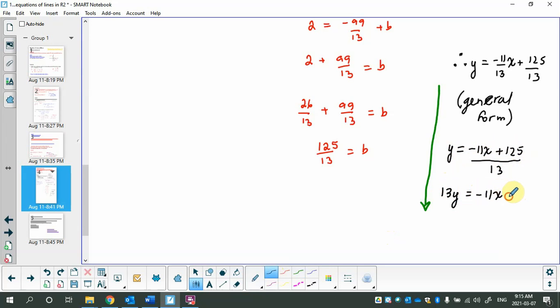And the rule is that you're supposed to start with the x's and they're supposed to be positive. So I'm going to take everything away. So positive 11x, positive 13y, negative 125 equals 0.